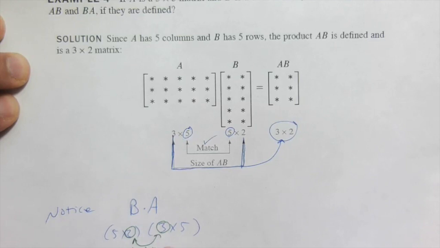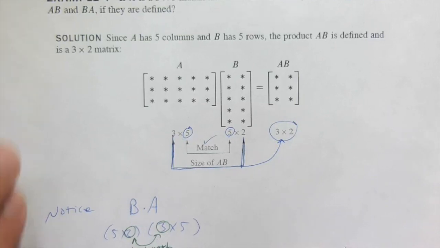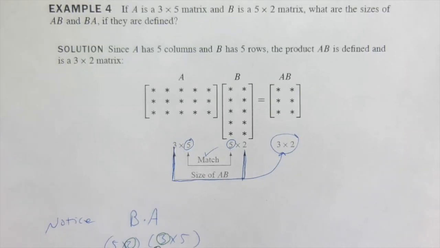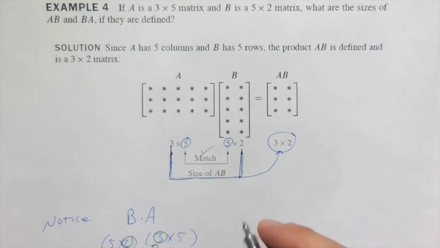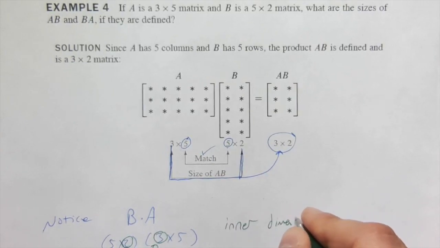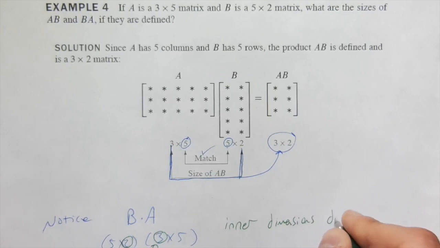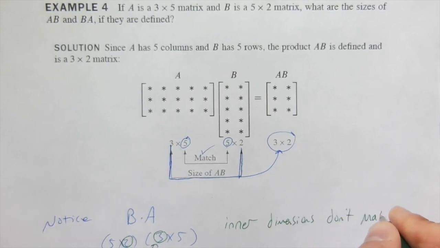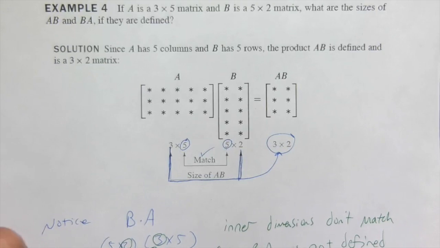So that means we can't do this multiplication. What you'll see is we end up doing linear combinations of rows and columns, and so we need to have the numbers match in order for them to match up and be able to do that multiplication. And so in this particular one, if we tried to do B times A, we would say the inner dimensions don't match. And so that means B times A is not defined. It's undefined, or does not exist, or something like that. Can't be done.